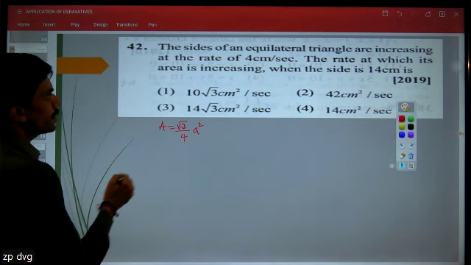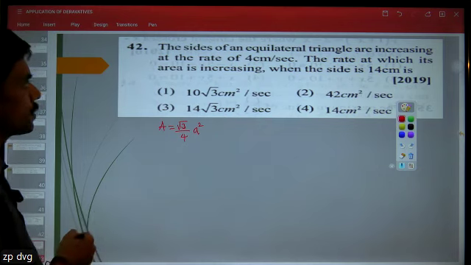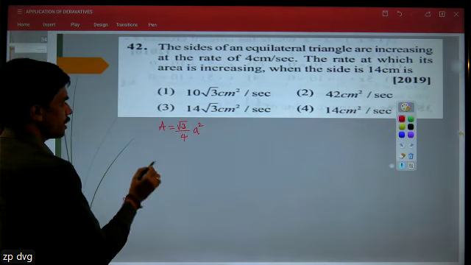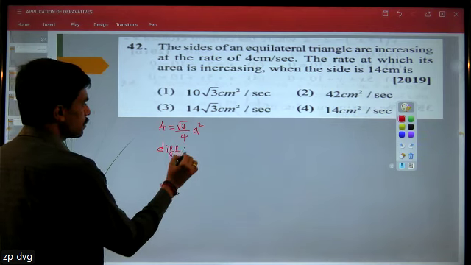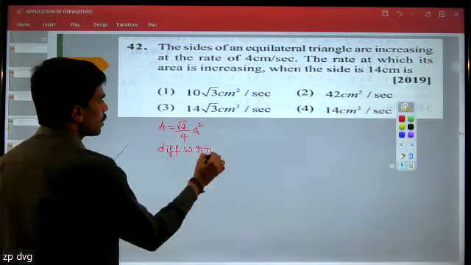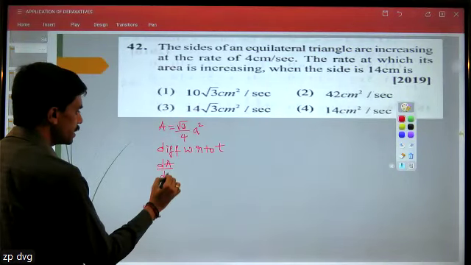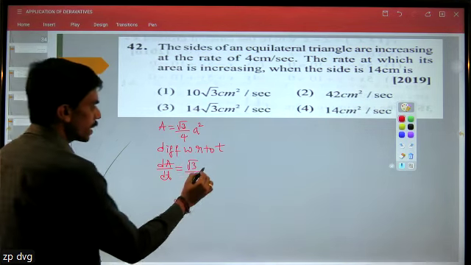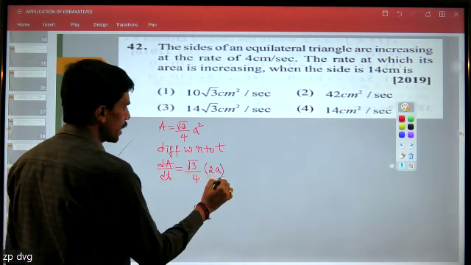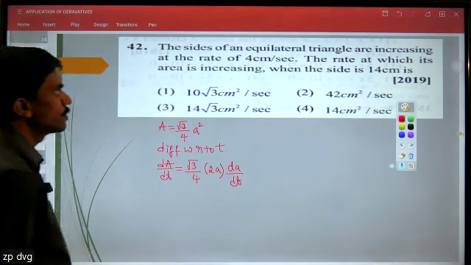Differentiate with respect to t, because they ask the rate at which its area is increasing, which means we have to find the rate of change of area. For this, we differentiate the given area with respect to t. We get dA by dt is equal to root 3 by 4, for a square we get 2a, again for a, da by dt, chain rule.